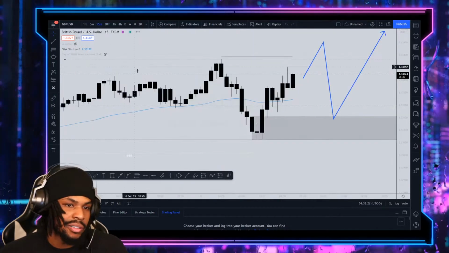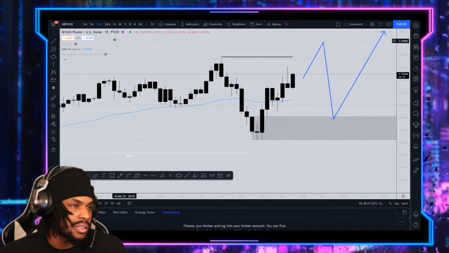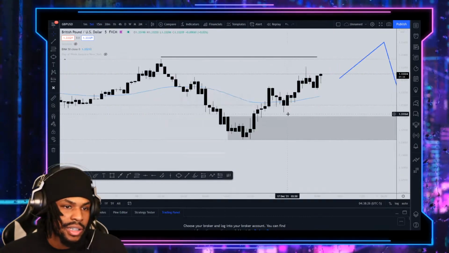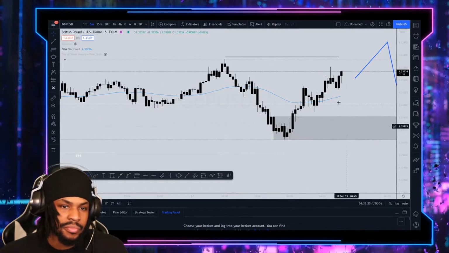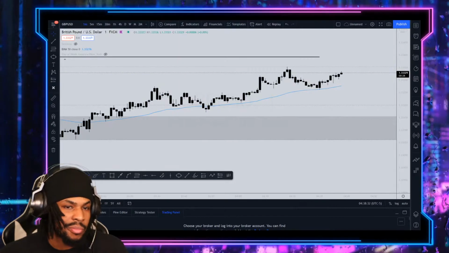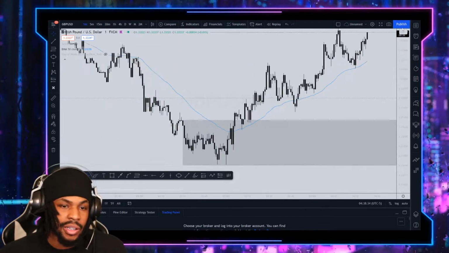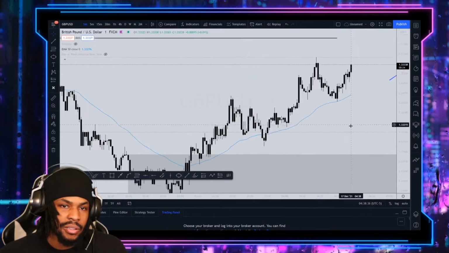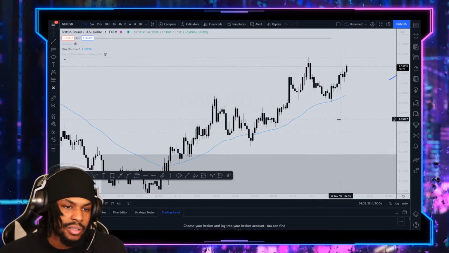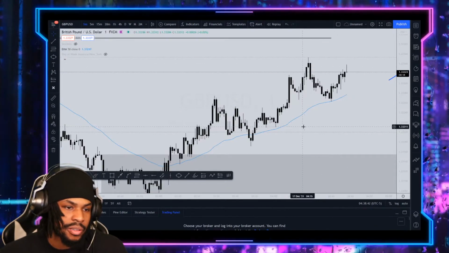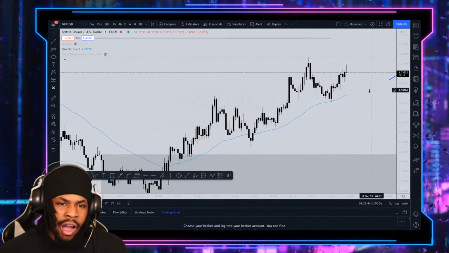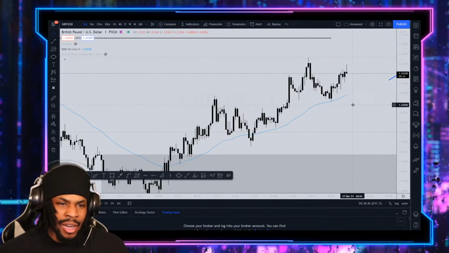Let's go down to the lower time frame just in case they're trying to not let us catch this move. 1 minute. Yeah, I've even been trading the 1 minute. I used to be scared of the 1 minute, but it's nothing to be scared of.